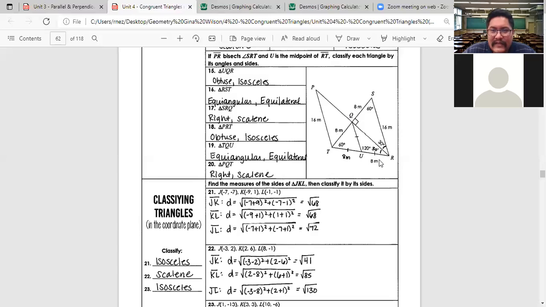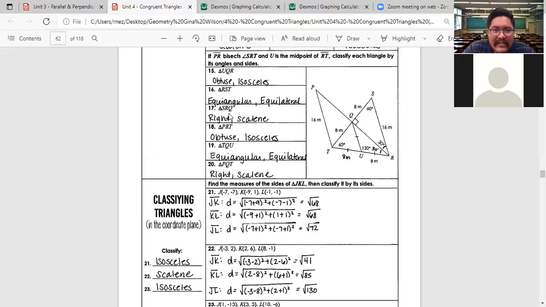One of the other things we did, and that is something that we got because this 8 meters wasn't there, we got that from the statement and using definitions. So 8 plus 8 would be 16. So 16, 16, 16. So this is not only equiangular, but it is also equilateral. But again, I don't know of any distinction between the two of them or why you would need to make them. But since it says equiangular and equilateral, I'm going to go ahead and just go with both of them.